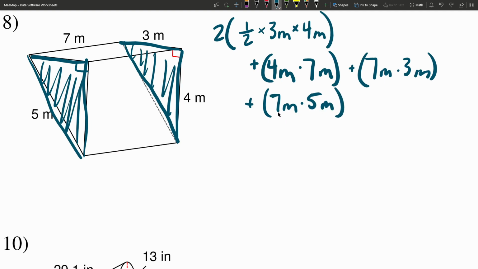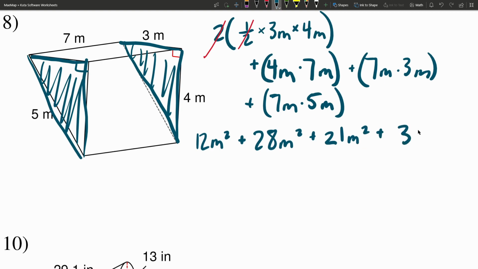Let's go ahead and calculate all of this out. Well, lucky enough for us, 2 cancels out with the 1/2, so we have 3 times 4 meters, which is 12 meters squared. We're going to add that to 4 times 7 meters, which is 28 meters squared. Add that to 7 times 3, which is 21 meters squared, and then add that to 7 times 5, which is 35 meters squared.